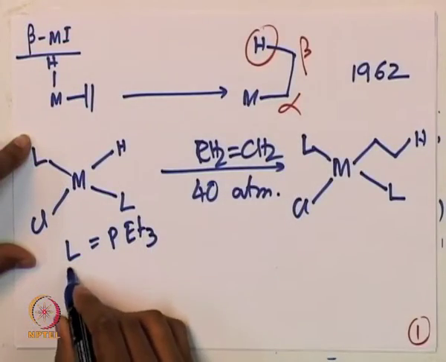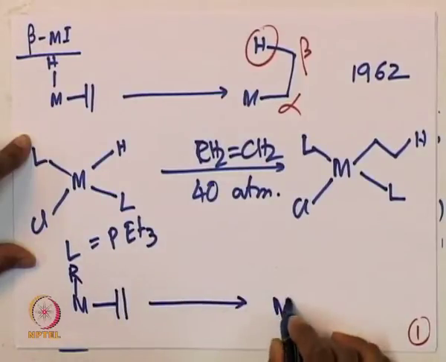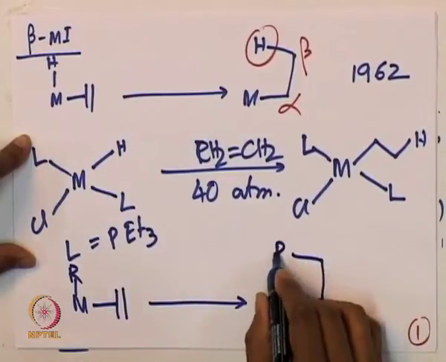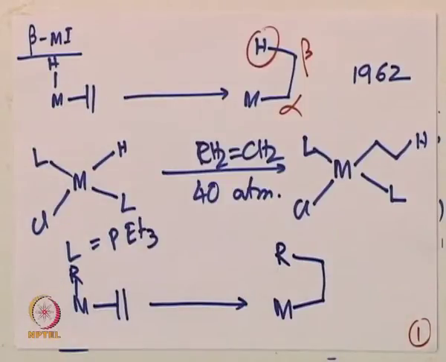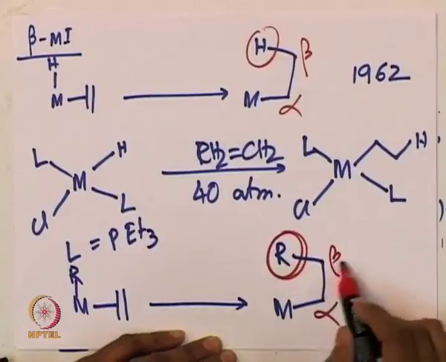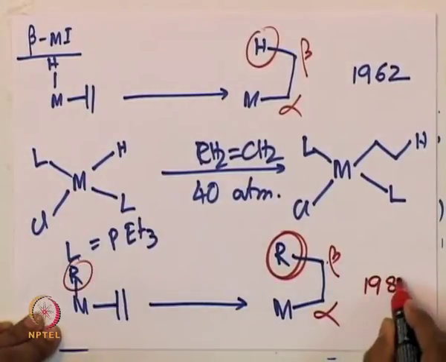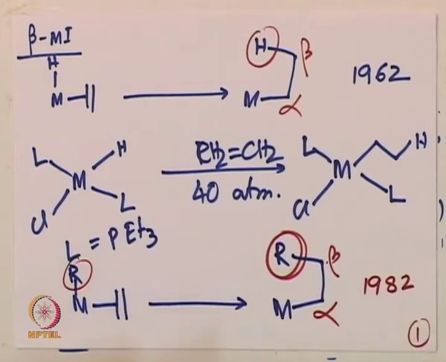As you can imagine, we can draw the exactly similar thing for this metal alkyl one, where metal R is coordinated with the olefin. Overall you get a metal alkyl R intermediate, where R is now at the beta position. So, this is the beta position, R is involved. This was first reported in 1982.